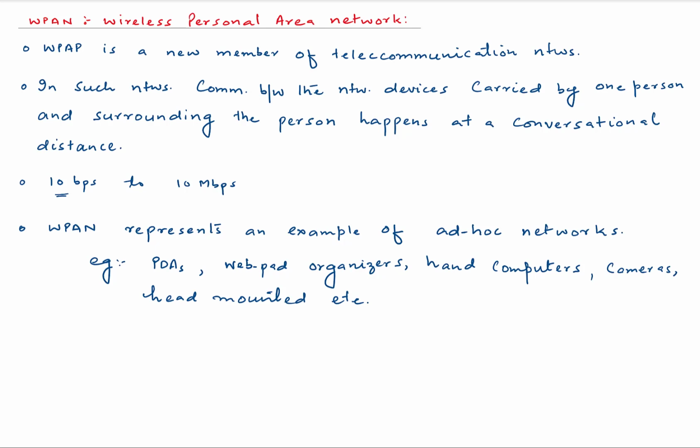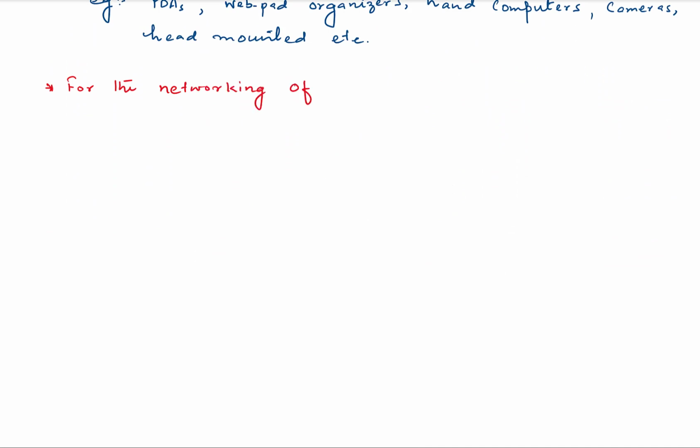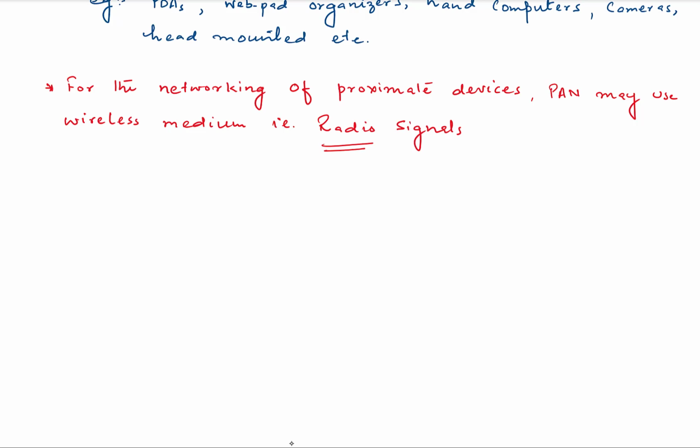Okay, and as we see, for the networking of proximate devices, meaning the devices which are around somebody's device, PAN may use a wireless medium, that is radio signals, and the PANs which use radio signals are termed as wireless PAN.